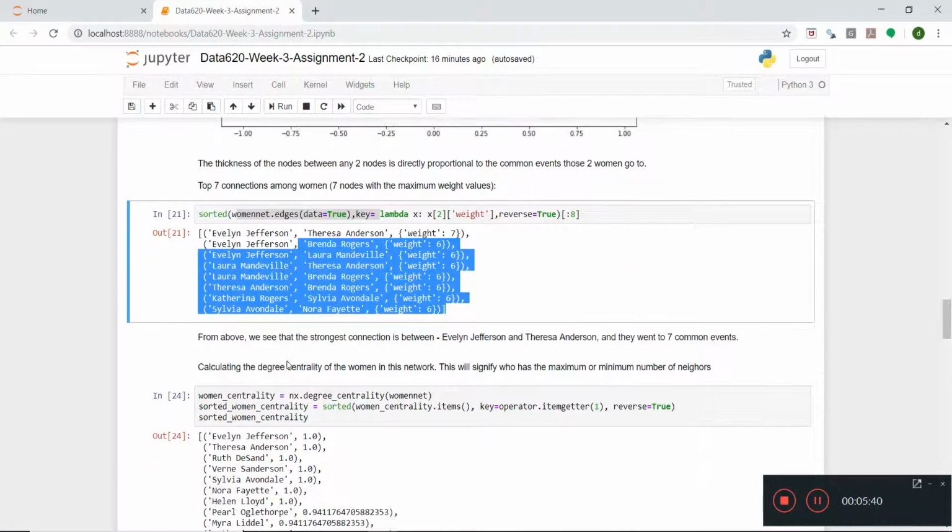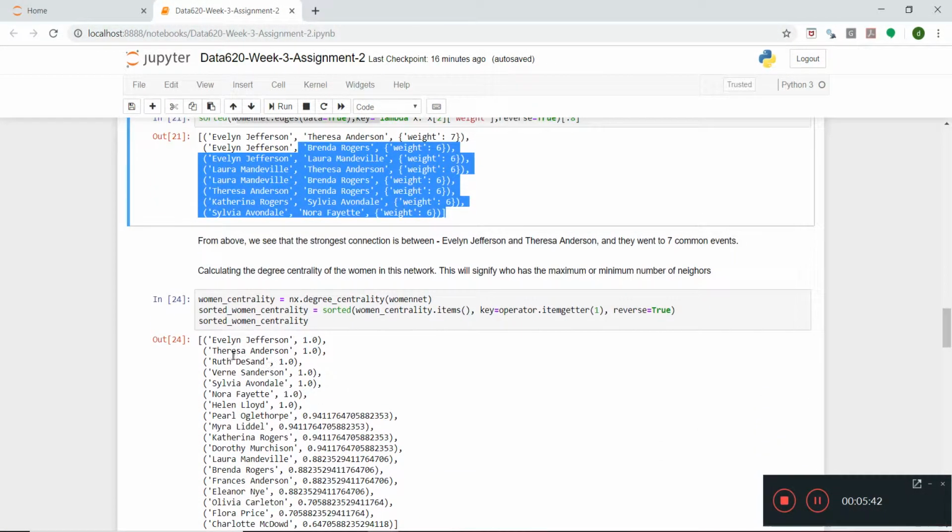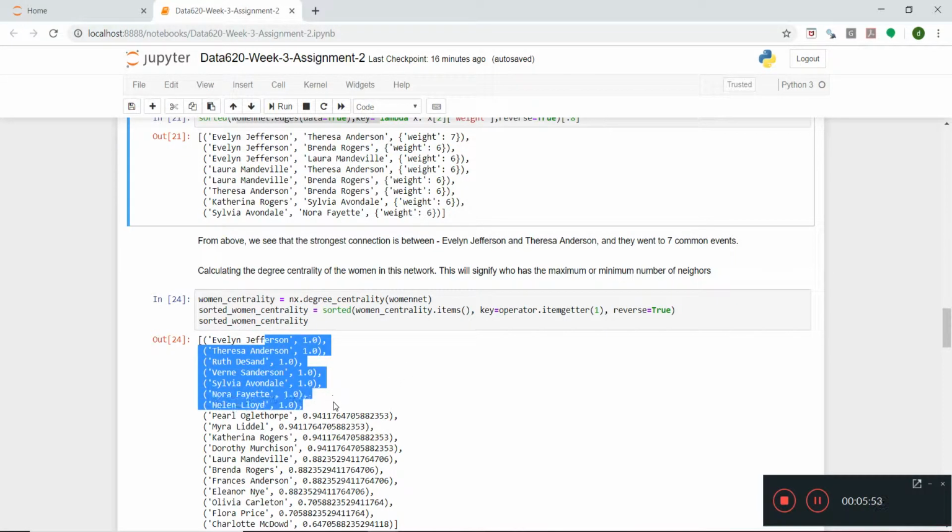Moving forward, we are looking at the degree centrality, which means how many neighbors each woman has. These 7 women have a degree centrality of 1.